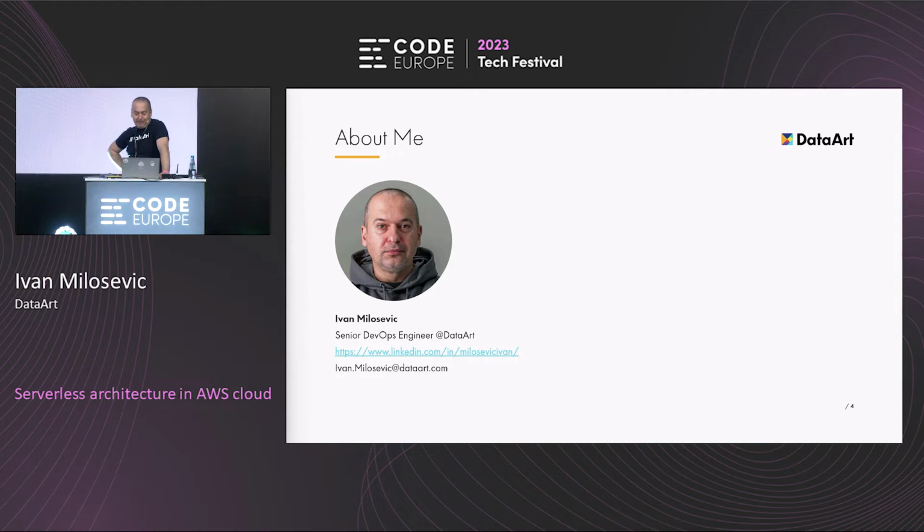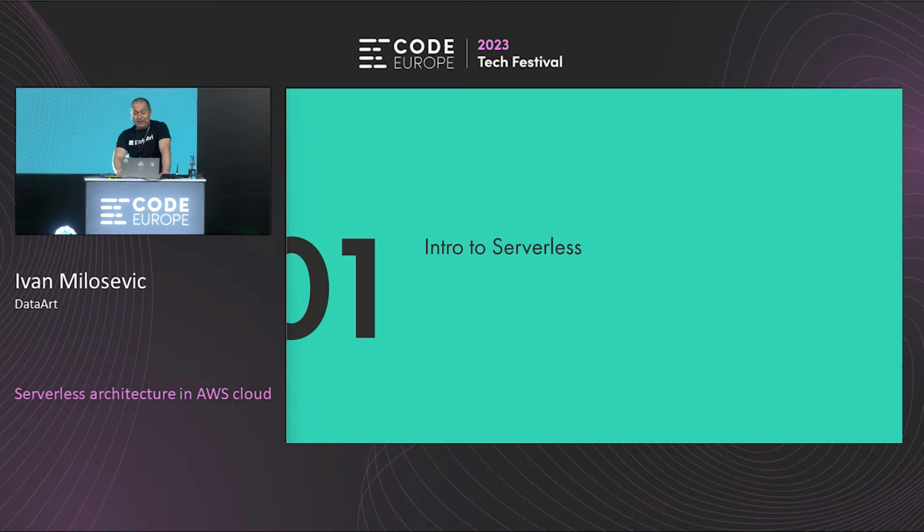In the last 5 years, or maybe a year or two before COVID, I started doing a lot of things related to solution architecture, Docker, Kubernetes, serverless, and those types of technologies. So that story about serverless and the things that I did and plan to do on the AWS cloud brought me to this topic, to talk a little bit about serverless and present it to you.